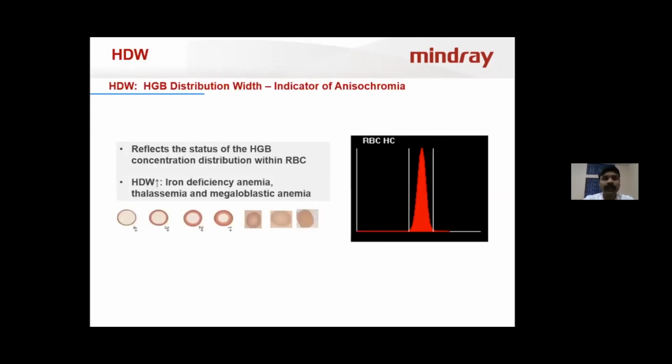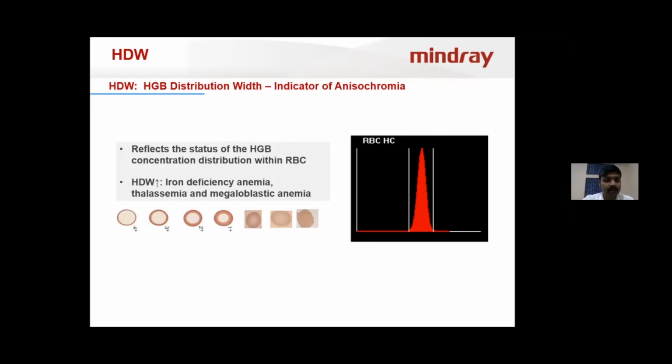Coming to the new parameter, which is the hemoglobin distribution width. We have seen in the classical instruments the RDW, which is the degree of anisocytosis of RBCs, which will give you the size variation of RBCs. But this HDW will give you the degree of anisochromia, that is a color variation in the hemoglobin.